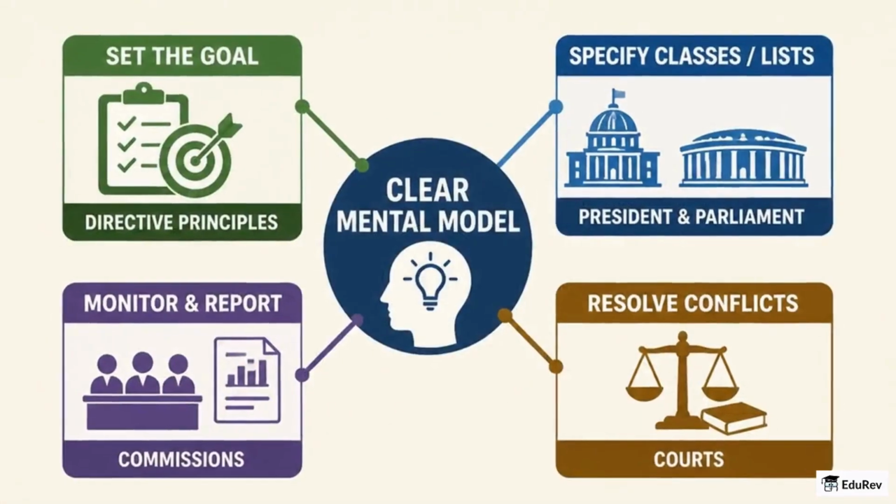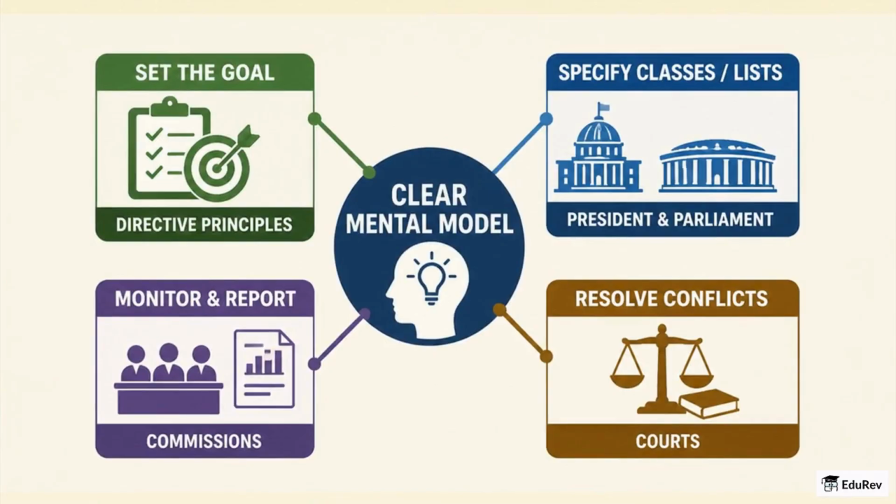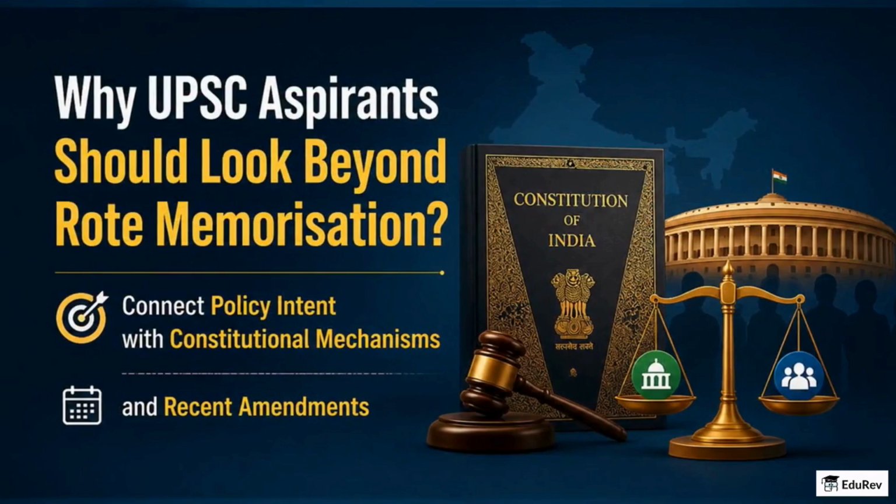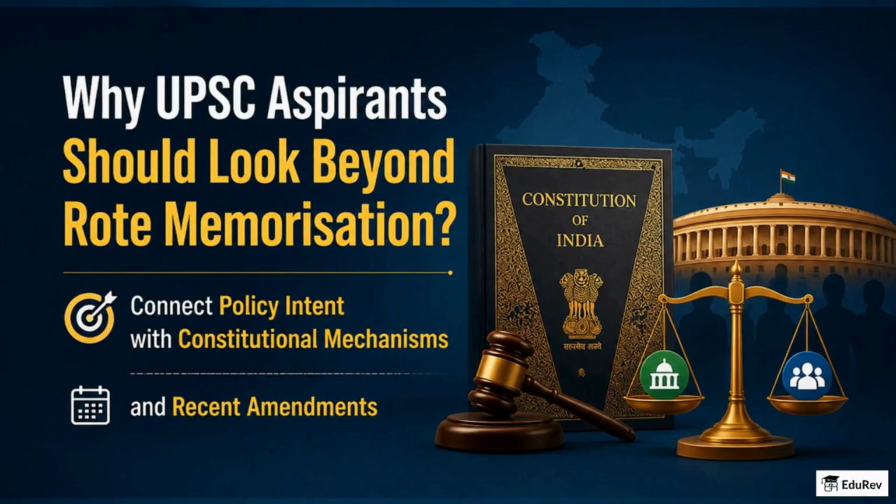For a clear mental model, remember: directive principles set the goal, the President and Parliament specify the classes and lists, commissions monitor implementation and reports, and courts resolve conflicts.